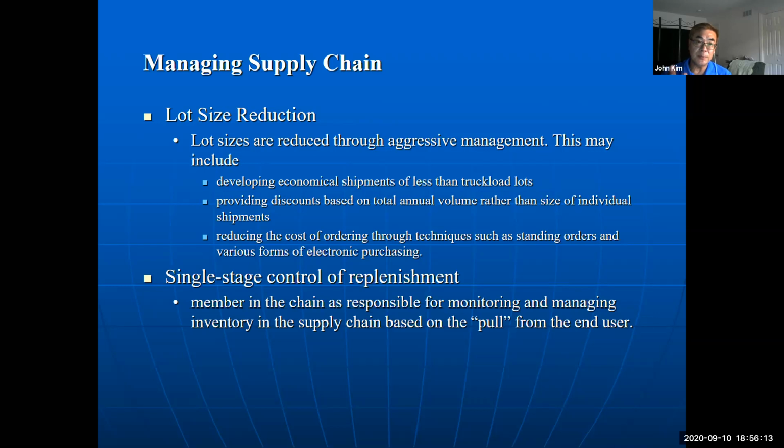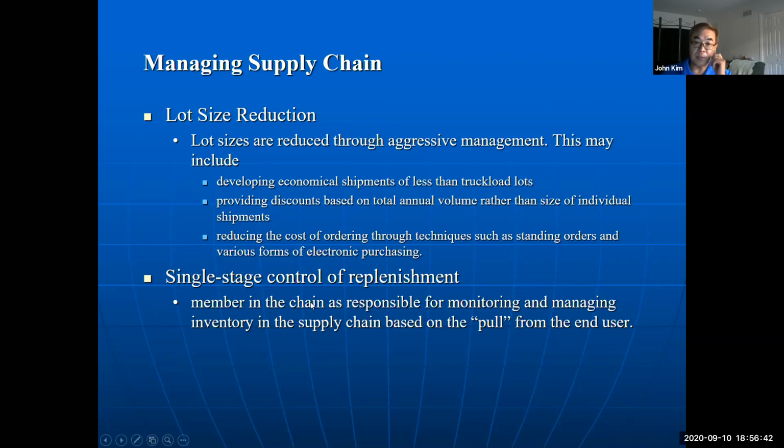But sometimes, because of the economies of scale, discount, sometimes ordering a large lot is better to save cost. So deciding on a large lot size is one of the tactics or strategies in supply chain.